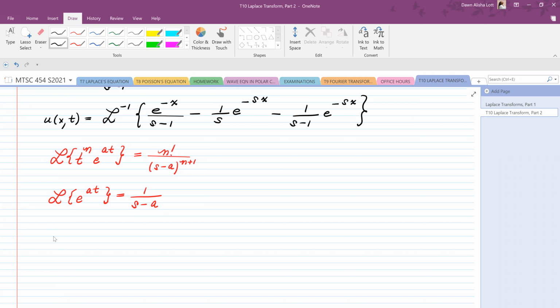The first term is, I want to find the inverse Laplace transform of 1 over S minus 1 times e to the minus x. Why did I pull the e to the minus x out?